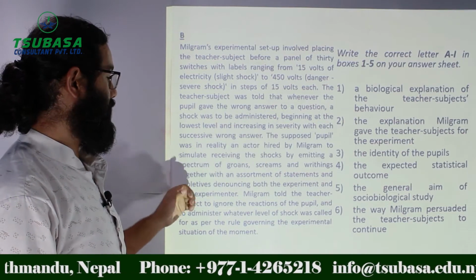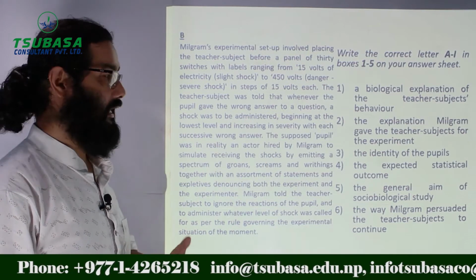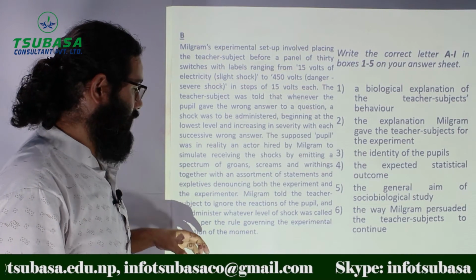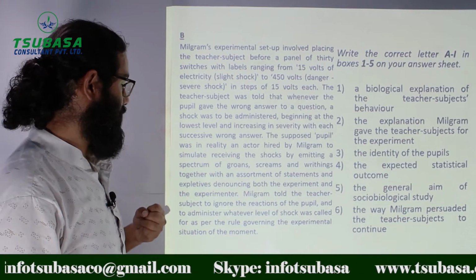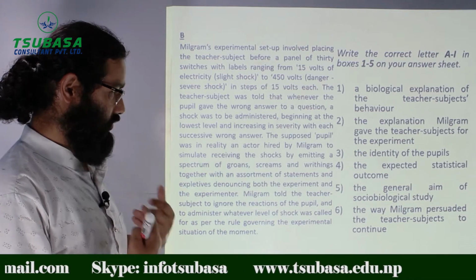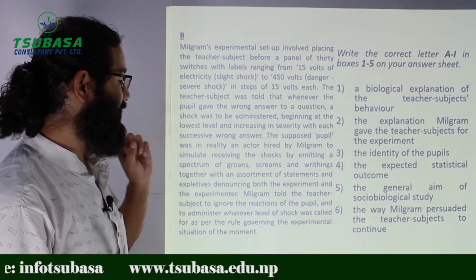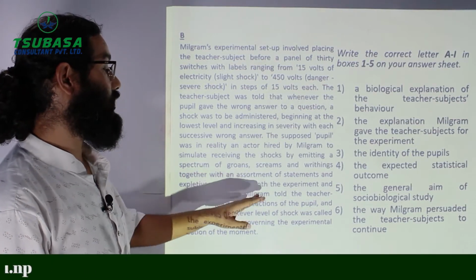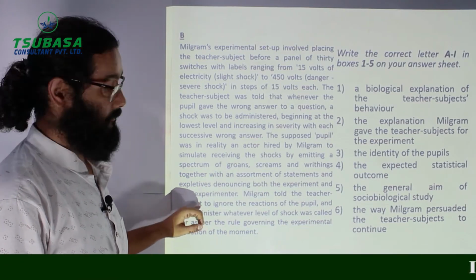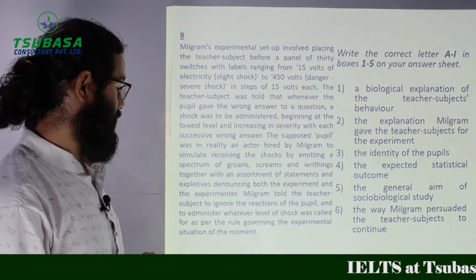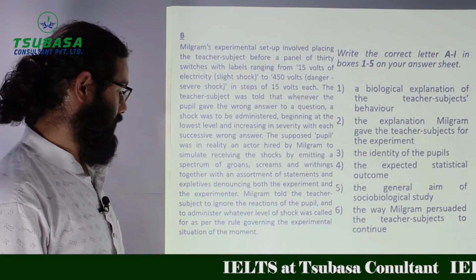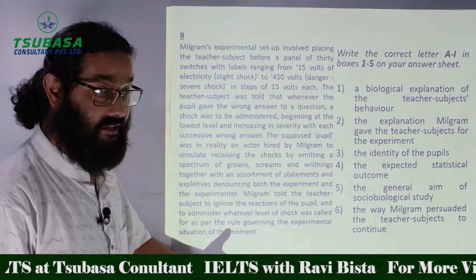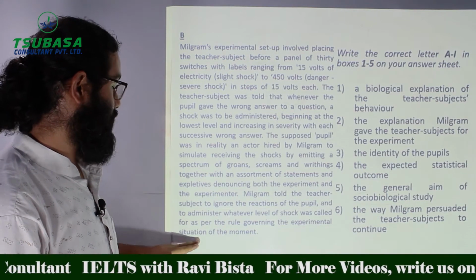The supposed pupil was in reality an actor hired by Milgram. Why were they hired? To simulate receiving the shocks by emitting a spectrum of groans, screams, and writhings, together with an assortment of statements and expletives denouncing both the experiment and the experimenter. Milgram told the teacher's subject to ignore the reactions of the pupil and to administer whatever level of shock was called for as per the rule governing the experimental situation of the moment.